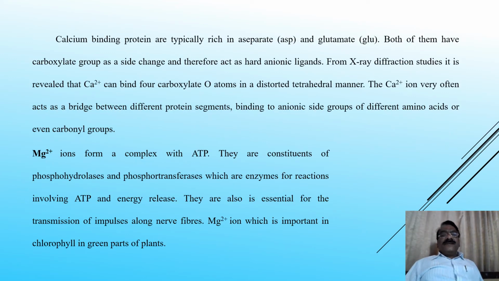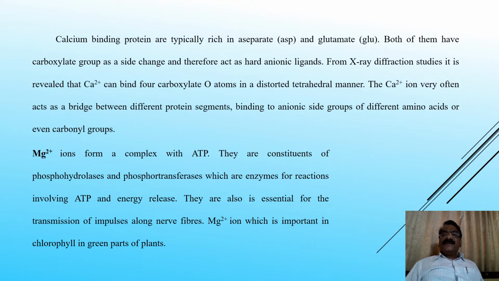Calcium binding proteins are typically rich in aspartate and glutamate. Both of them have a carboxylate group as a side chain and therefore act as hard anionic ligands.